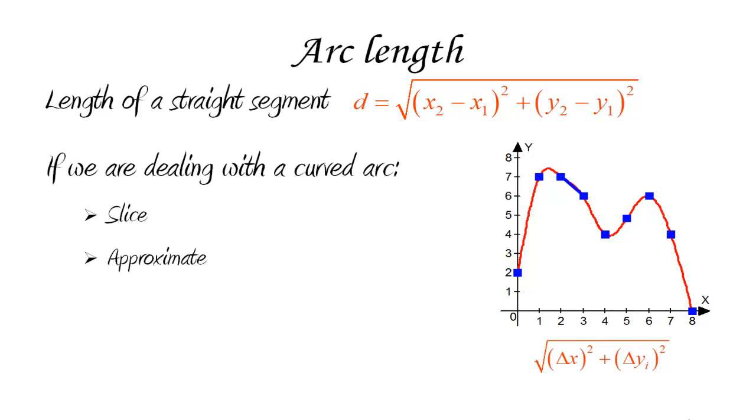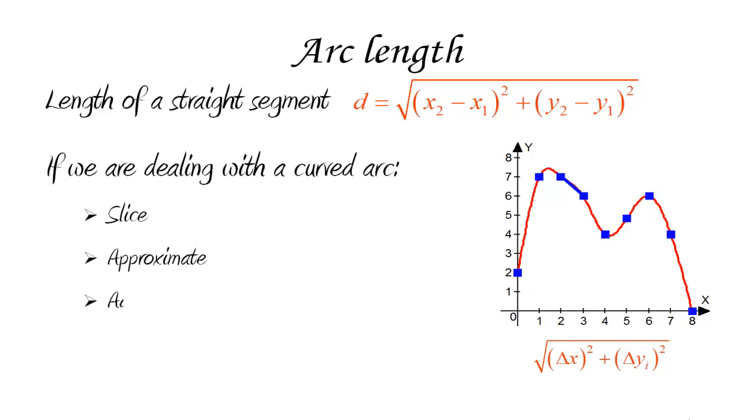Again, delta x is supposed to be common. It's not really that important, but we're going to do it just for simplicity, while of course the delta y will change. Some of the sections are steeper, some are flatter, so they're going to have different lengths.